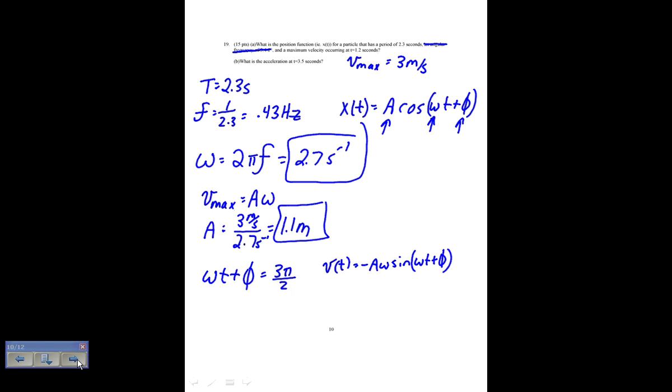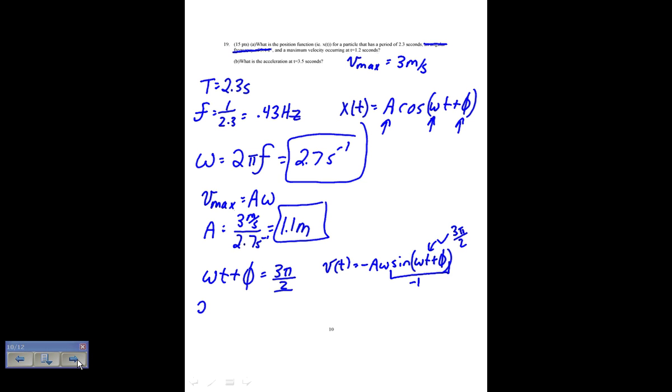And in order for this to be maximum, this sine term has to equal -1. That means that this has to equal 3 pi over 2 because the sine of 3 pi over 2 is -1. And then that gives me my maximum velocity. So that's where this 3 pi over 2 comes in.